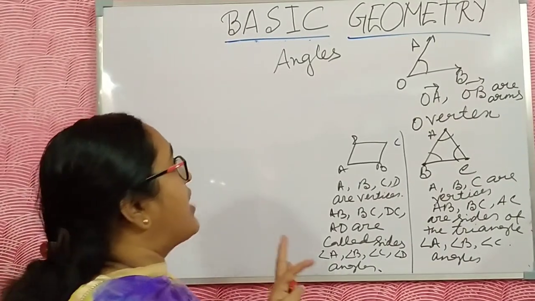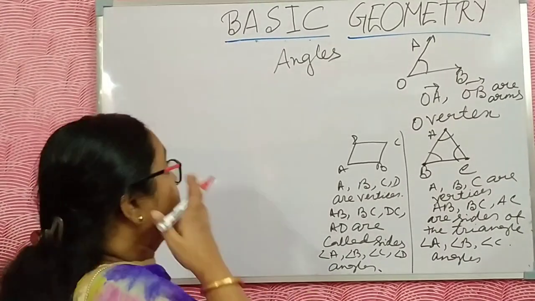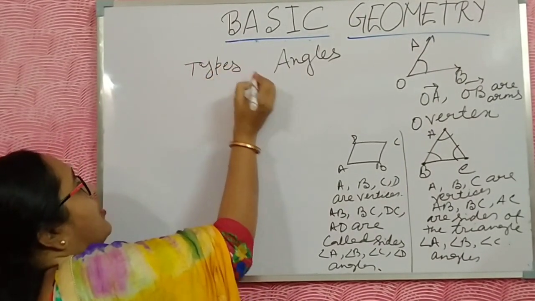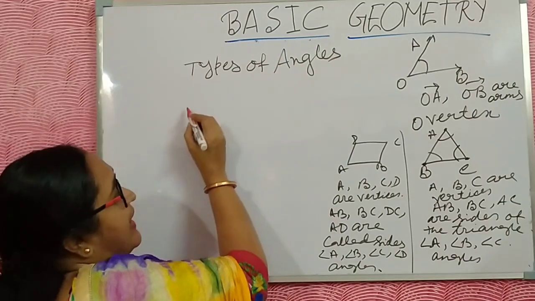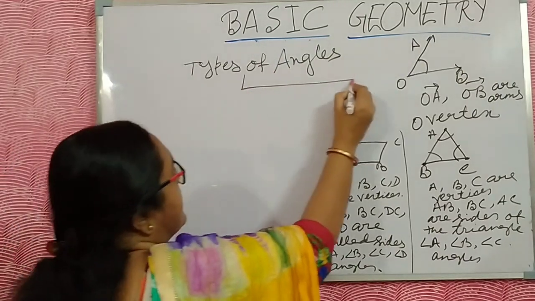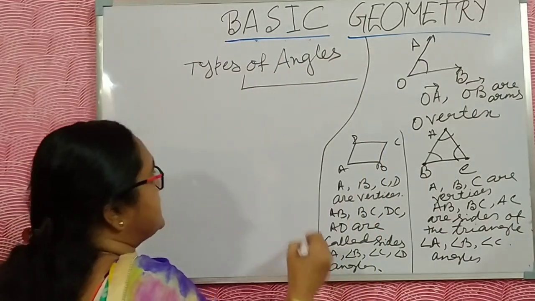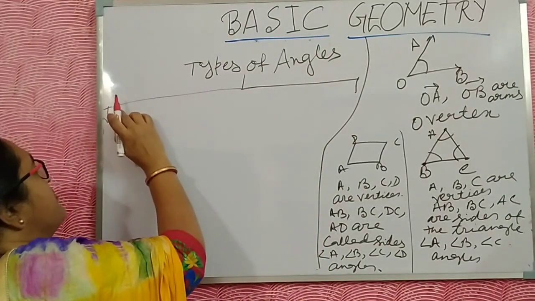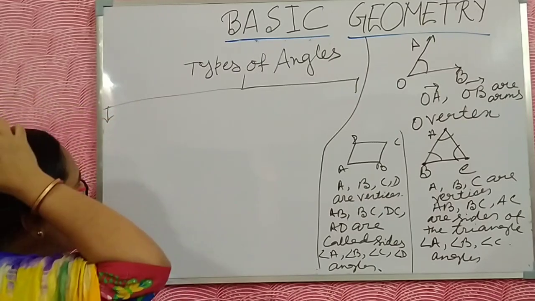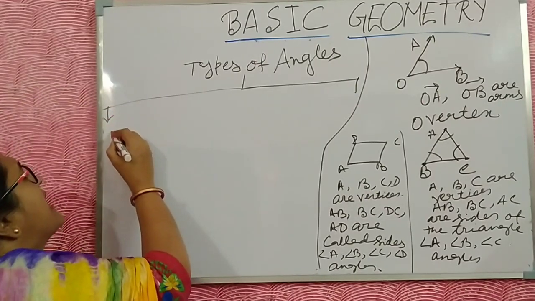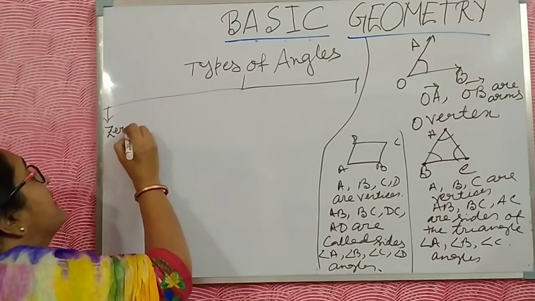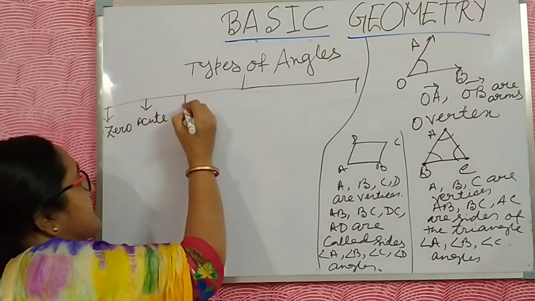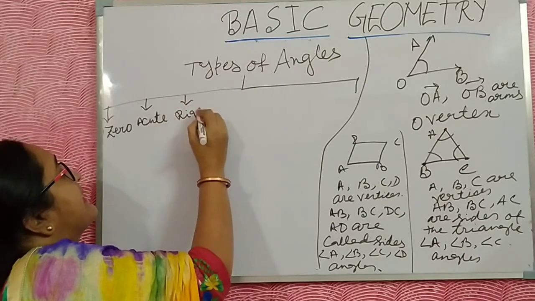Now I discuss the types of angles. I just make a chart, you can also do it with me. The first is zero angle. The second is acute angle. The third is right angle.